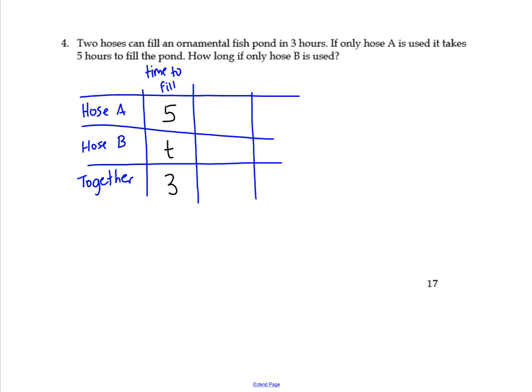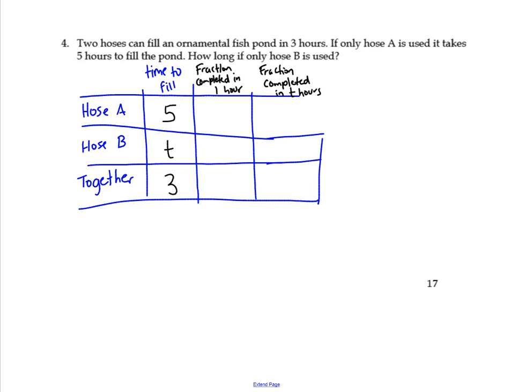So the next column we're going to do is fraction completed in 1 hour. And then we do fraction completed in t hours.